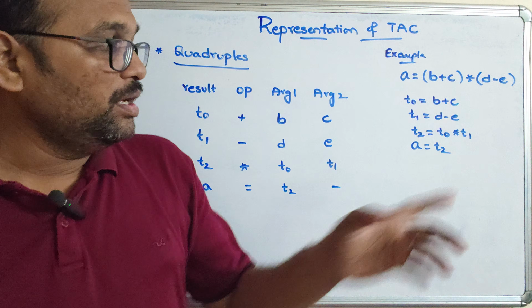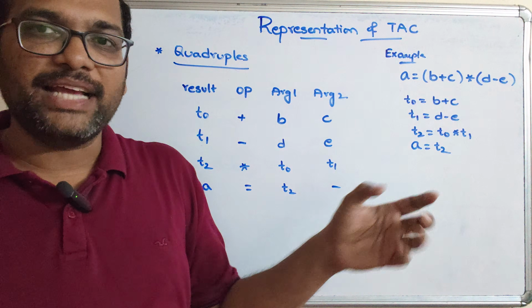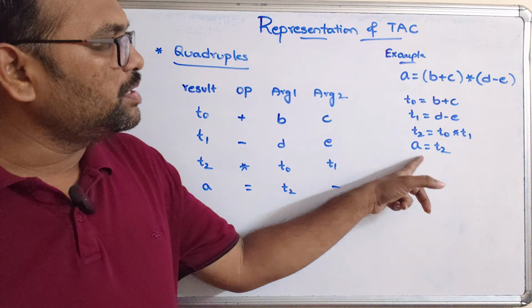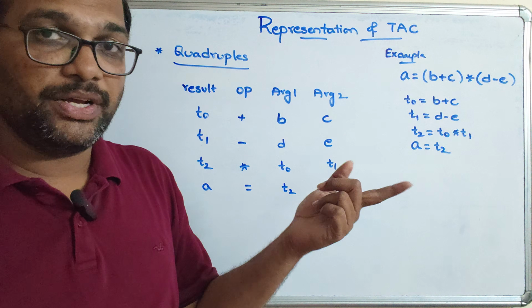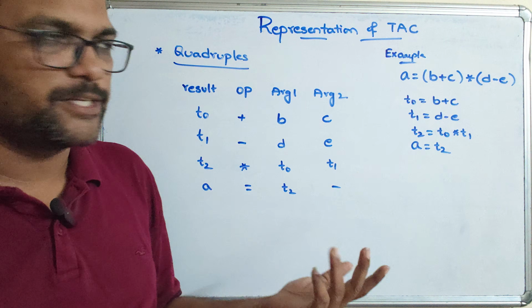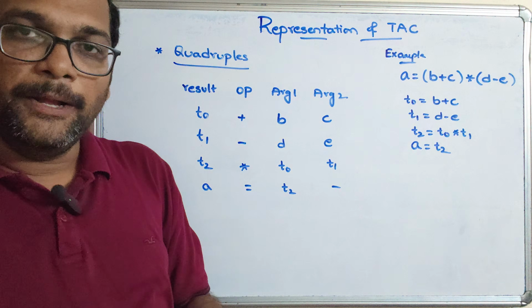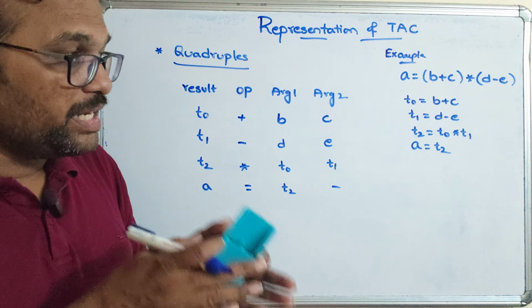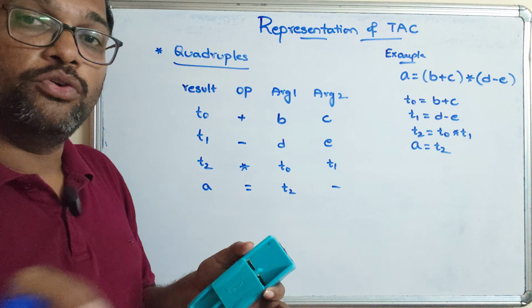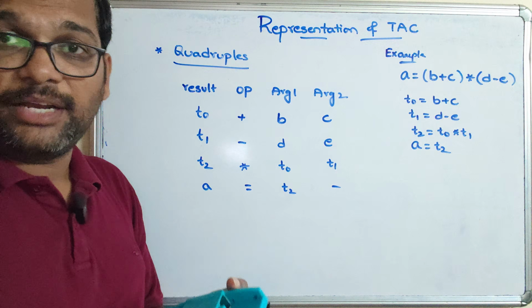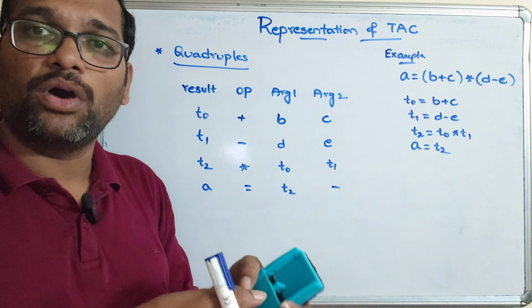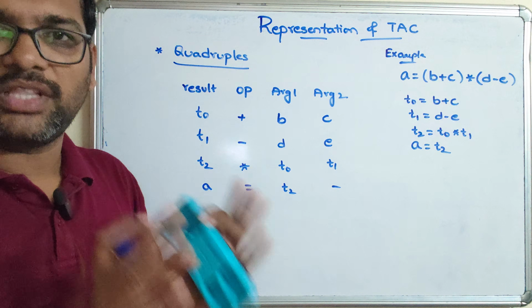So you can observe that this is an assignment type of three address code. In our previous session we already saw the types of three address codes, and this is an assignment. The three address code statement has at most three arguments. That means the statement can have only one argument, or two arguments, or three arguments, at most three.